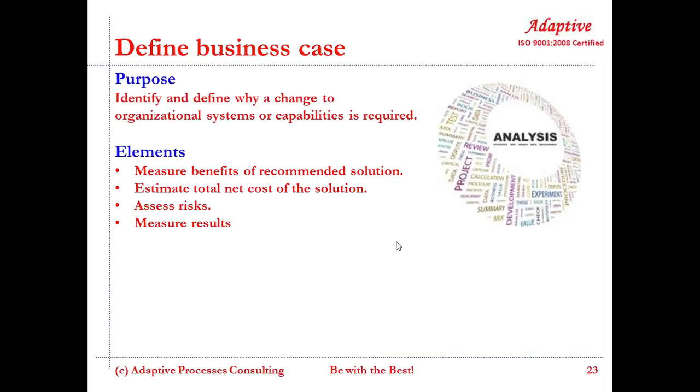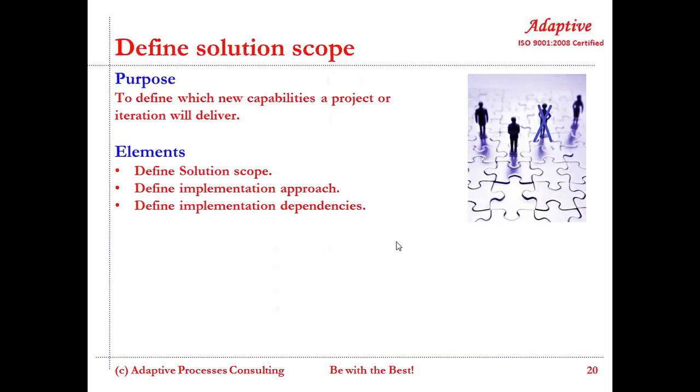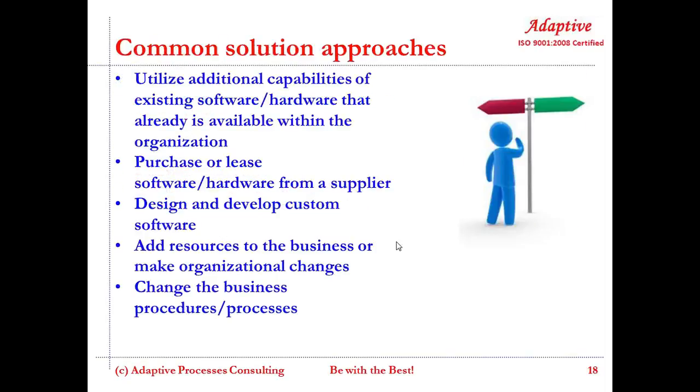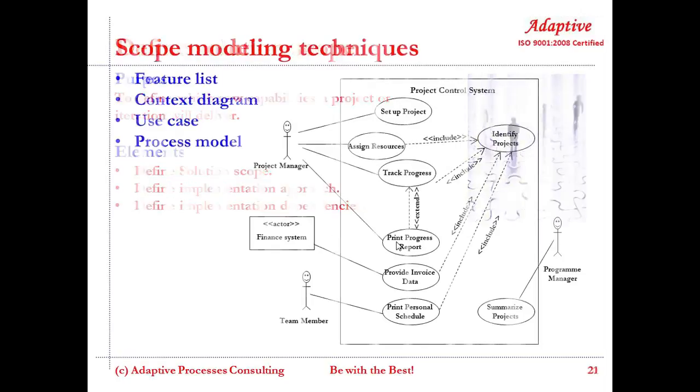What was the need behind this business change? So we collected all that information, and we also identified scope in terms of how we want to implement it and what is in scope. After doing all these items, the last thing we're going to do is define a business case.